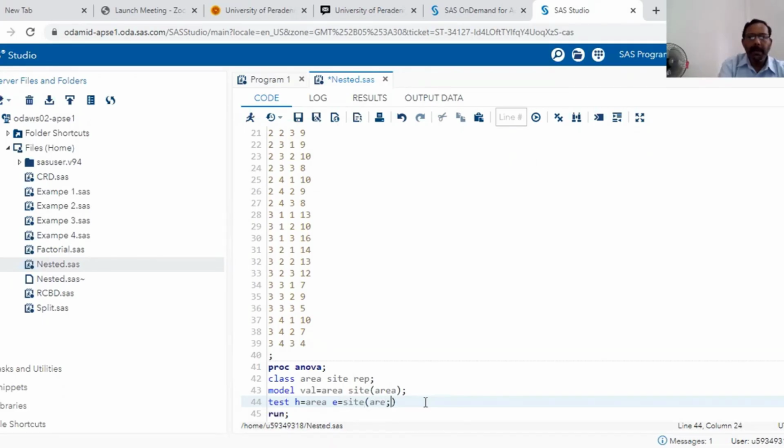That is the component. Look very carefully. I am giving an additional statement. Test H, H meaning hypothesis. What is the hypothesis? H equals area. And E, E meaning the error, equals site within the area.